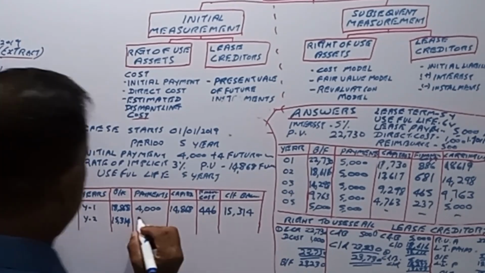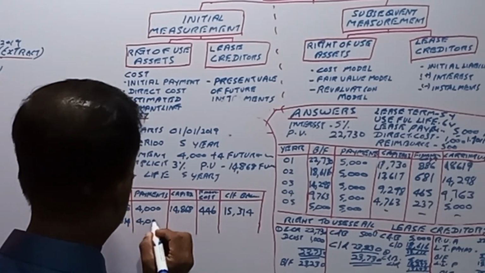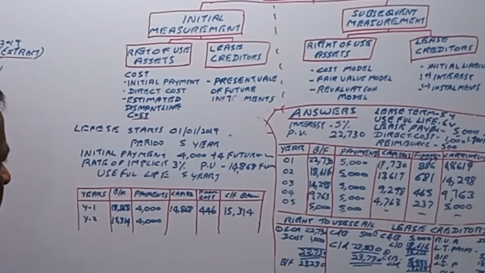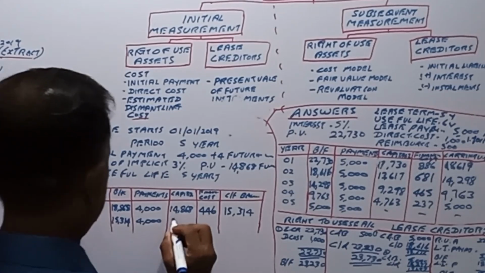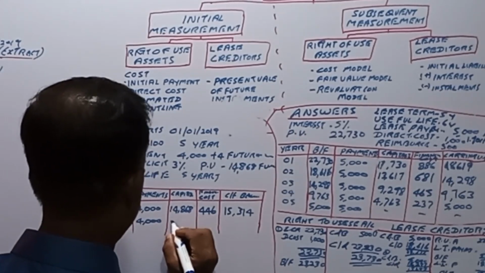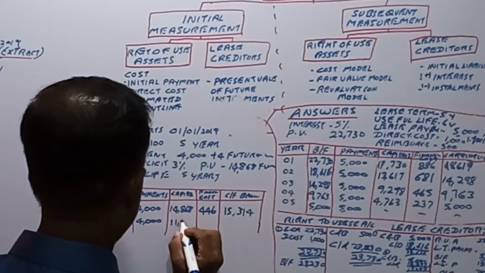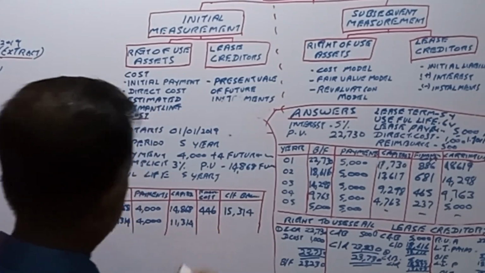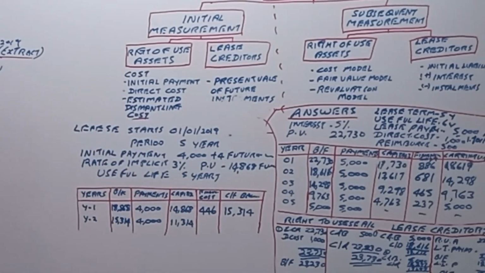If you deduct another 4,000, the capital would be 11,314. On that, 3% is 339.